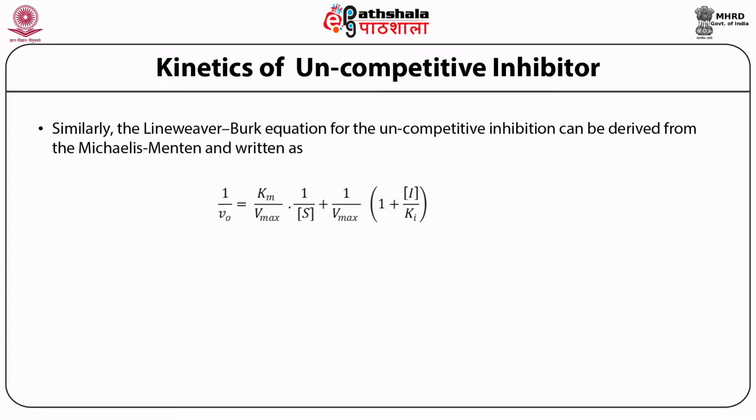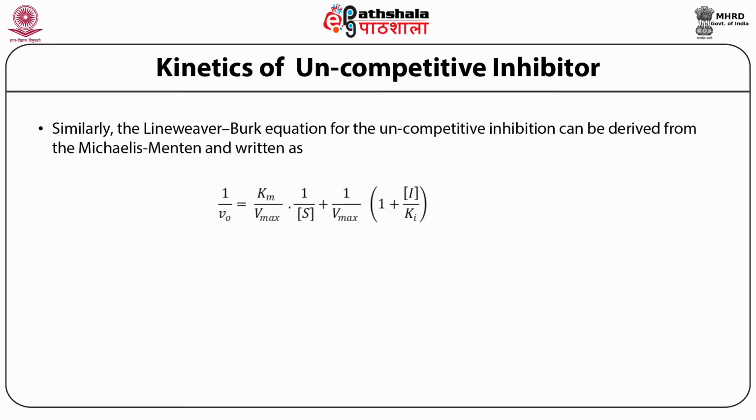If you see the equation and make it equal to the straight line equation, then you can see that there is no change in the slope. If you remember, the straight line equation is y equals mx plus c, where y is 1 by V0, m is Km divided by Vmax, x is 1 by S, and 1 by Vmax is the intercept at the y-axis.